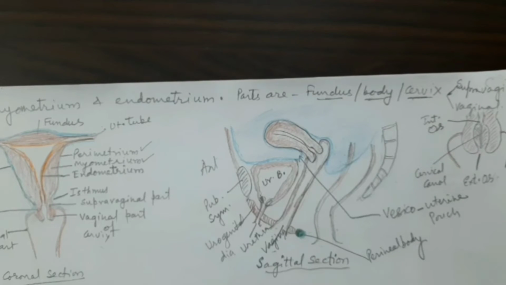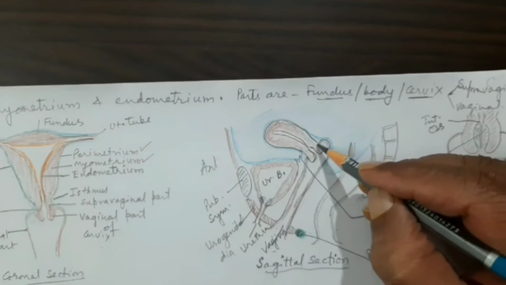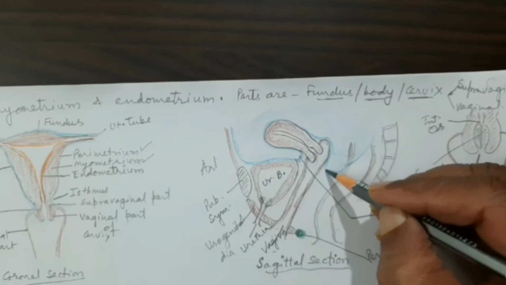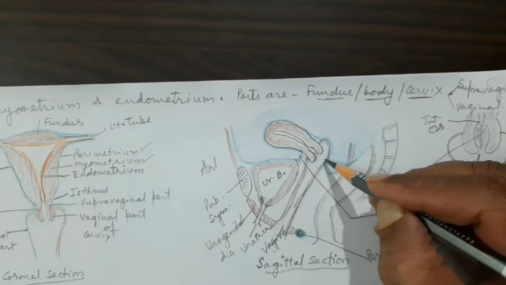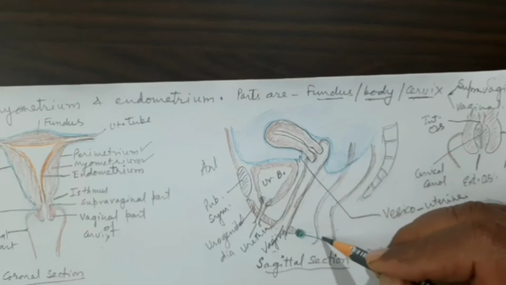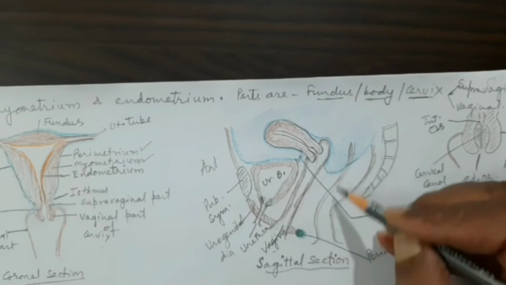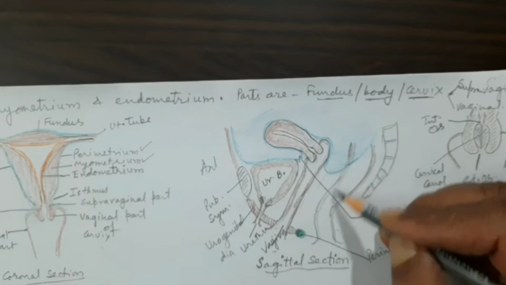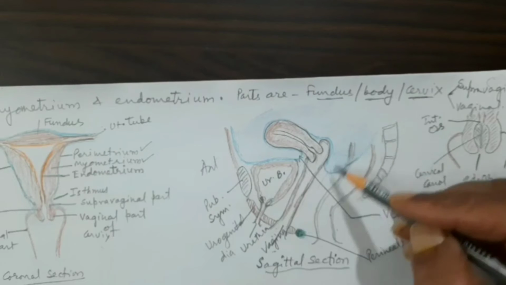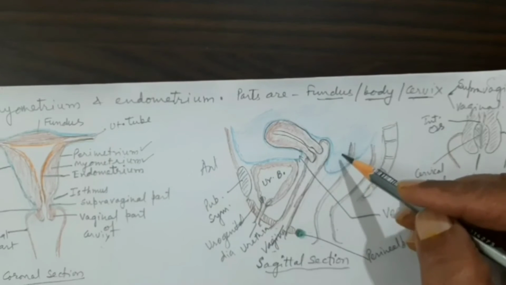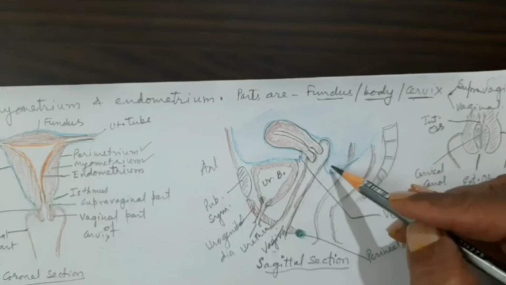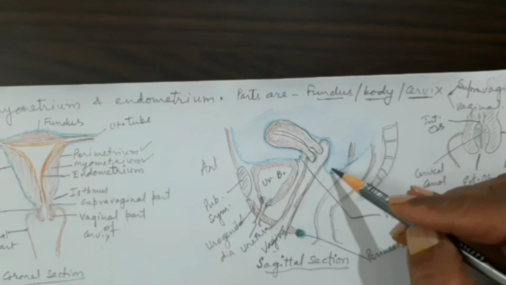Then there is another pouch formed after reflection over the posterior fornix of the vagina. This is quite a deep pouch, hardly 2 inches above the perineal body or anal orifice. It is the deep, dependent part of the peritoneal cavity, so anything collecting will first collect into this pouch.